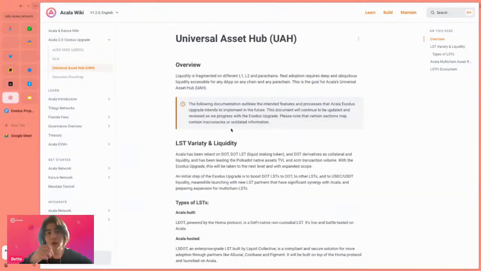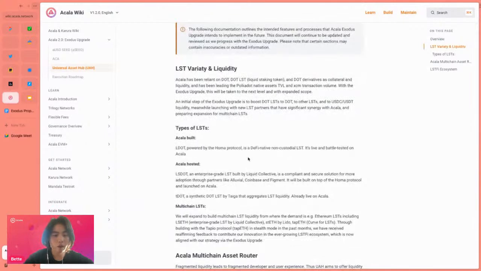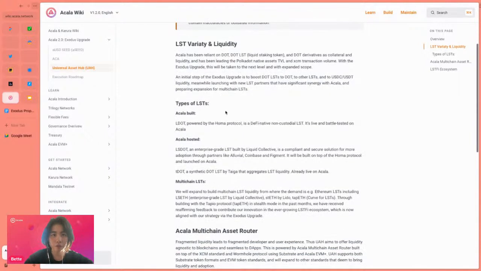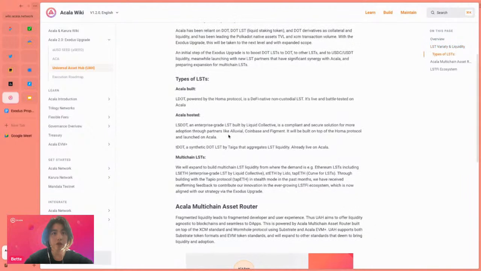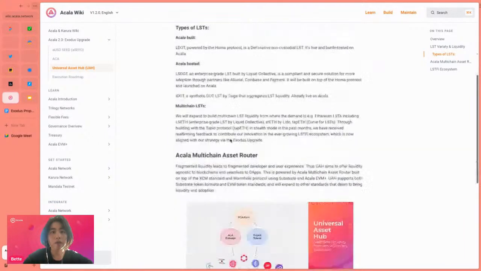Right. So first of all, at the base level, there's LSD variety, or asset variety, and liquidity there. There are different types of liquid staking tokens available, and there will be more that we will be bringing in, both in the DOT ecosystem and outside of the DOT ecosystem, like Ethereum and other exciting ecosystems that we'll be working with.